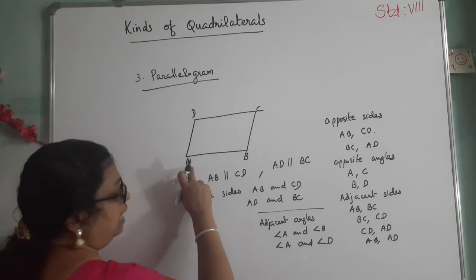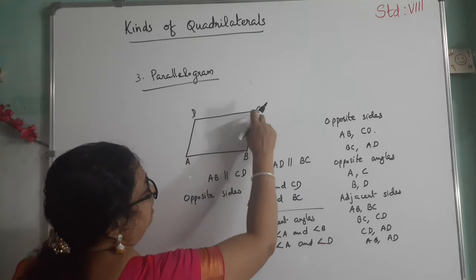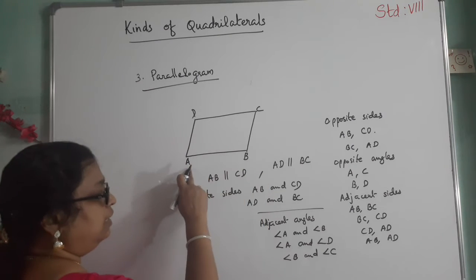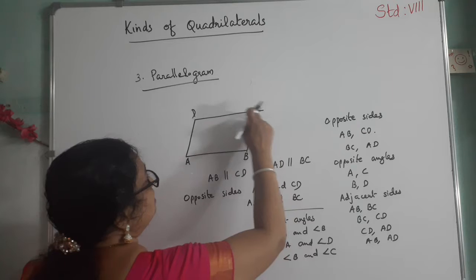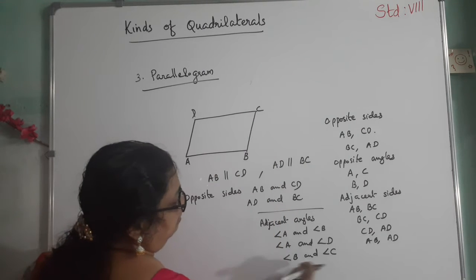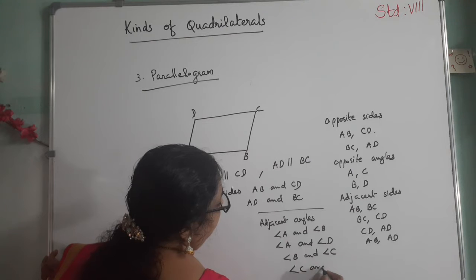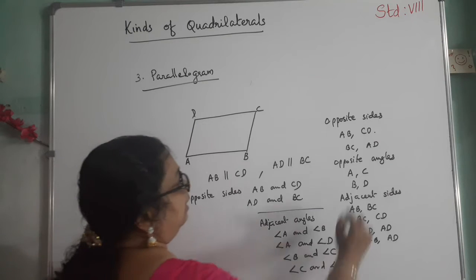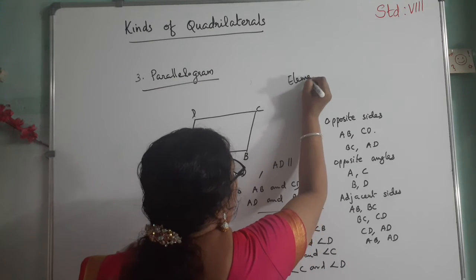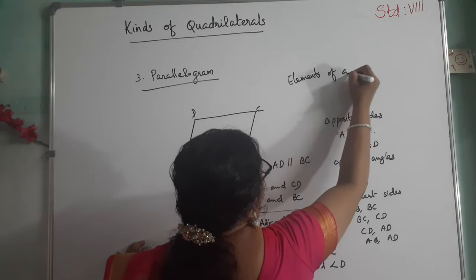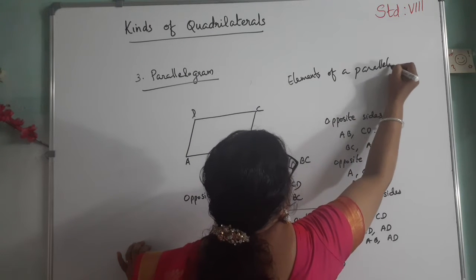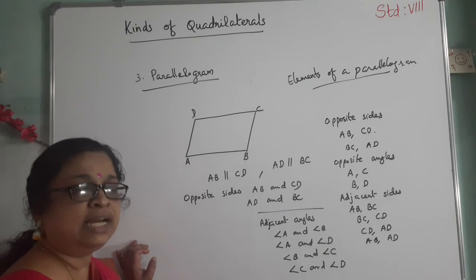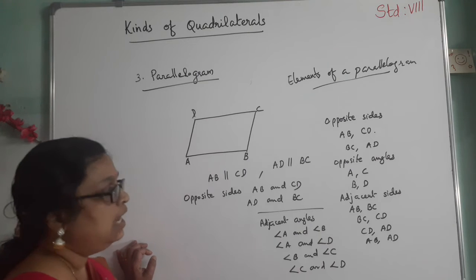Then B and A, and B and C, angle B and angle C. Then C and B, and C and D. Then D and A, that we write here. So these all are called elements of a parallelogram. These elements of a parallelogram mean sides, opposite sides, adjacent sides, then opposite angles, adjacent angles.